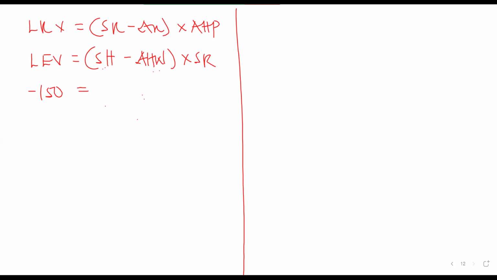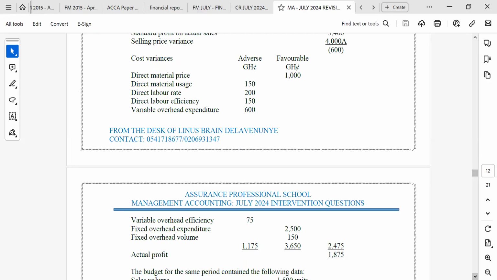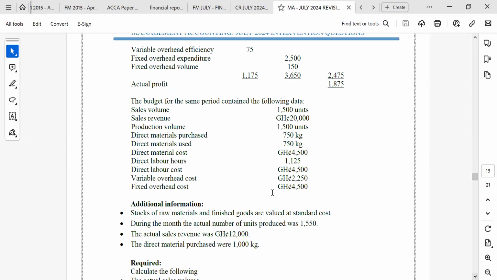Can we find our standard hours? I'm sure yes, we can do that. Our standard hours will be the standard hours per unit multiplied by the actual units produced. What will be the standard hours per unit?